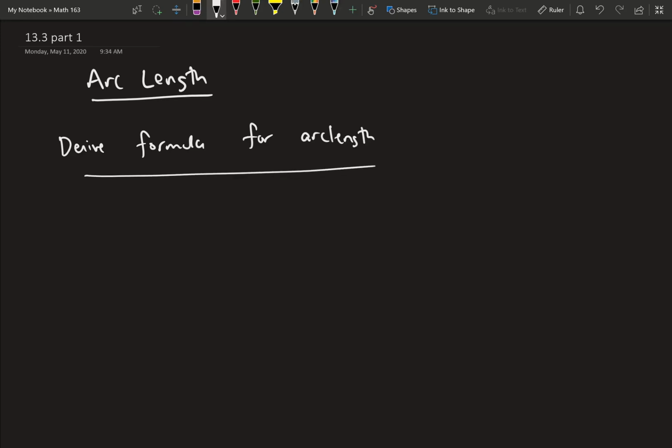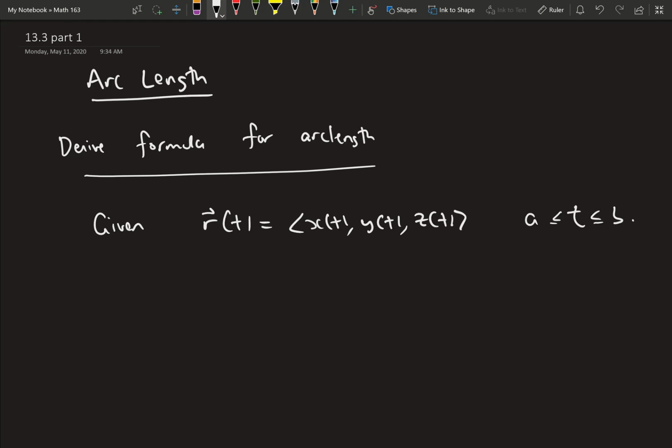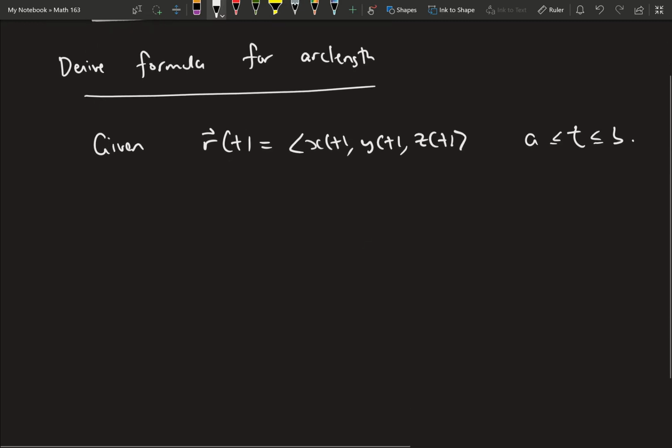And so we do that by doing the following. Suppose we're given r of t, some vector valued function, which is x of t, y of t, and z of t. And let's suppose we're on some finite interval, a to b. And let's just draw some type of curve here.